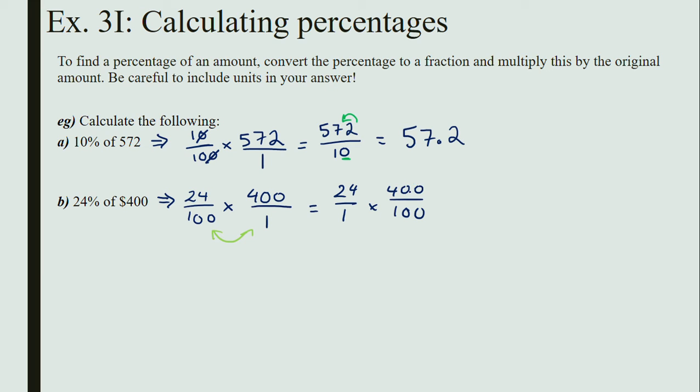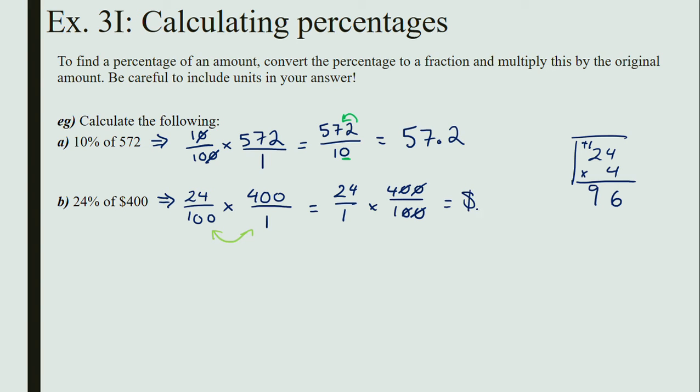400 divided by 100 is just going to give us 4. Okay, so 24 times 4, if we want to use some long multiplication, 4 times 4 is 16. Carry the 1. 2 times 4 is 8, plus the 1 is 9. So 96.